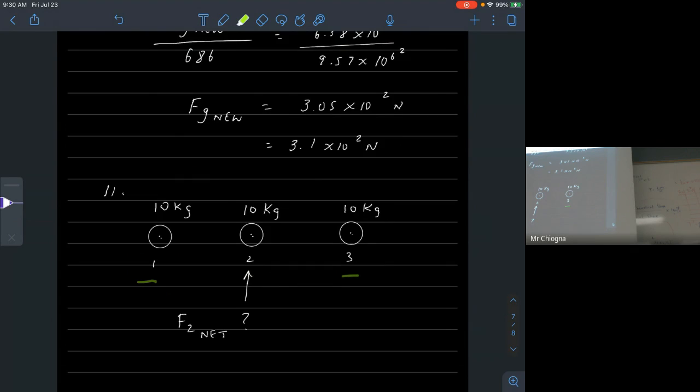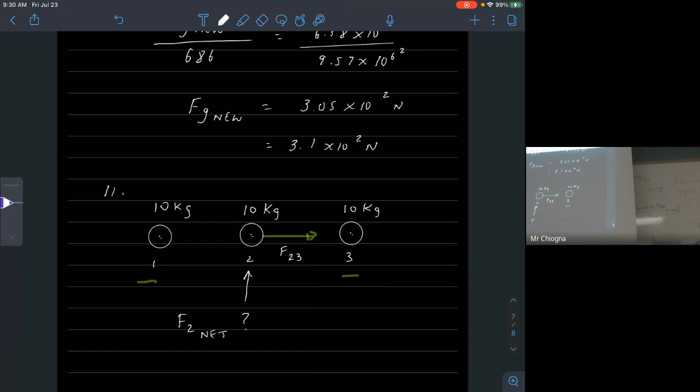So you've got a force due to, this is the force on 2 due to 3. Notice I put the 2 first. The number that comes first is what's being acted on.